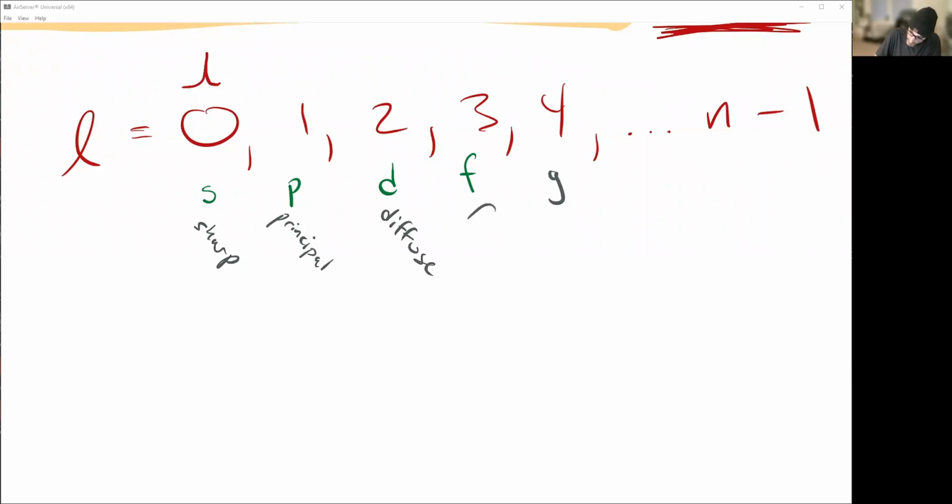And F is fundamental. It's just a little bit of trivia. You never need to know that, but just so you know that those names do have a purpose. What they looked like in spectroscopy gave us these values. I'm going to erase that.